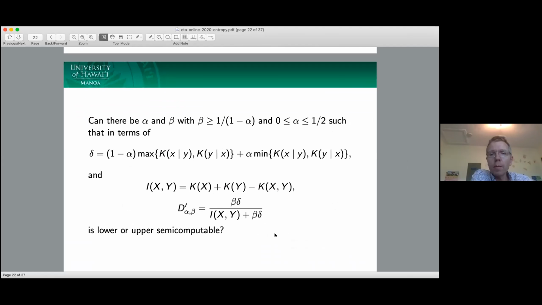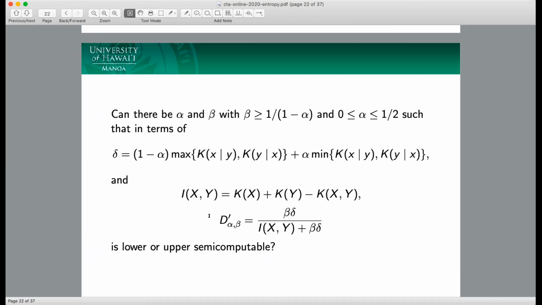Now, this is the computability and application seminar. So one thing you can say about computability here is, what if we go back to Kolmogorov complexity? So we take the analogy back in that direction. Then we have sort of the mutual information of two strings. I'm not sure if I'm allowed to call it that, but that ends up being the sum of the Kolmogorov complexities minus the complexity of the pair.